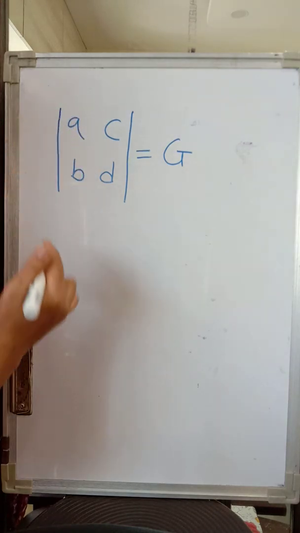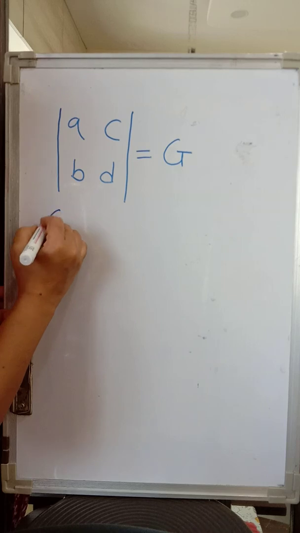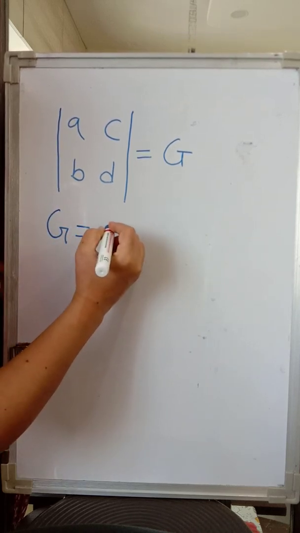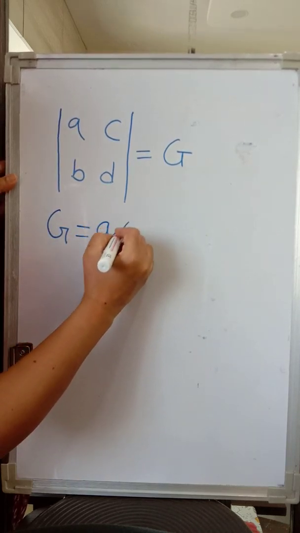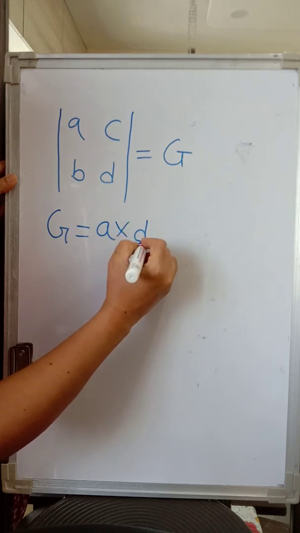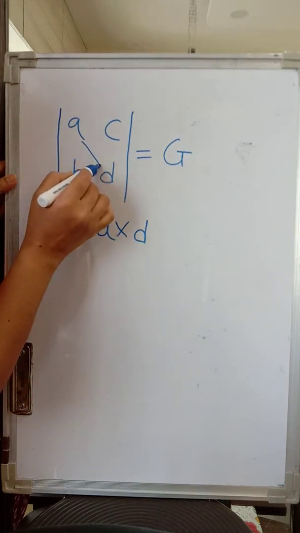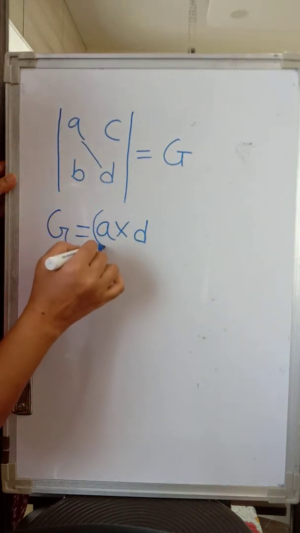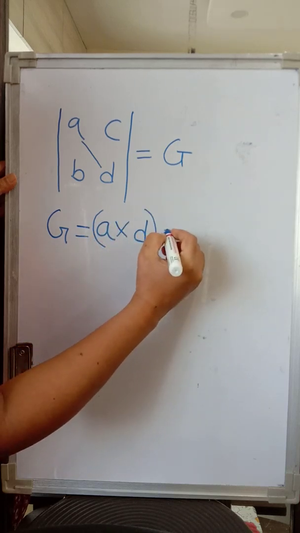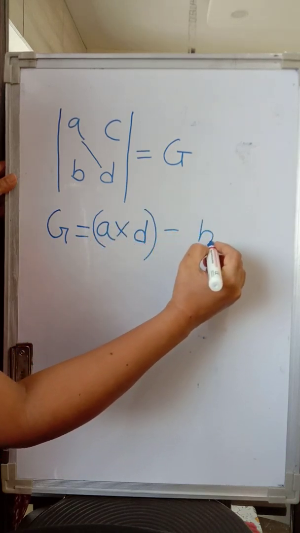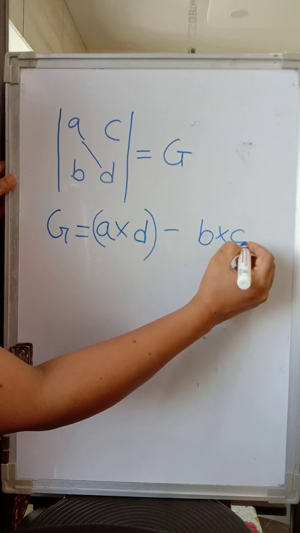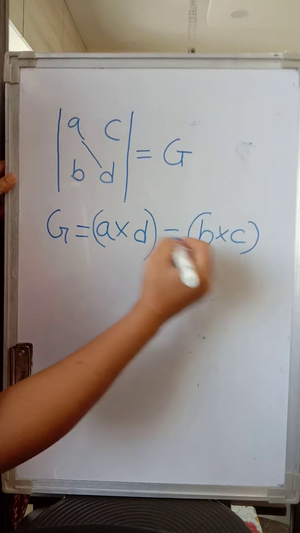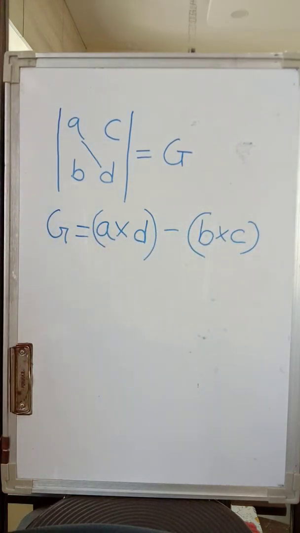So if this is the arrangement, then the value of G will be equal to A into D. You multiply these two numbers, and from this you subtract B into C. This will give you the value of your determinant.